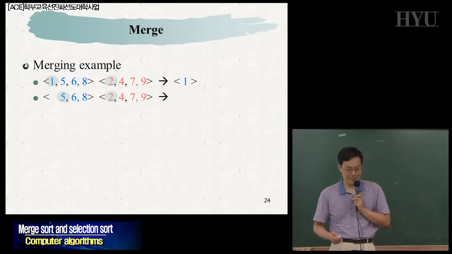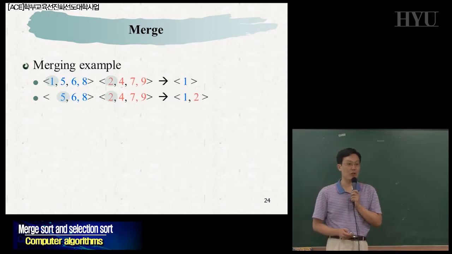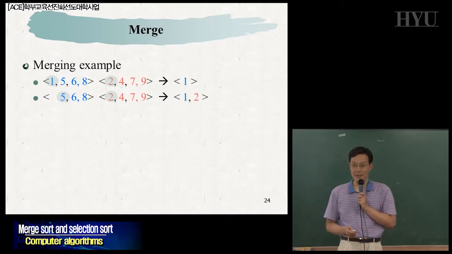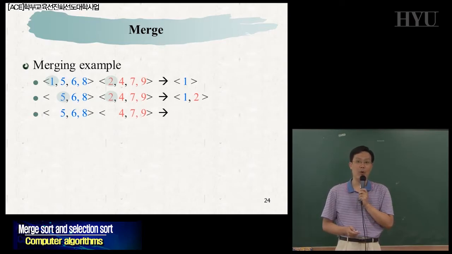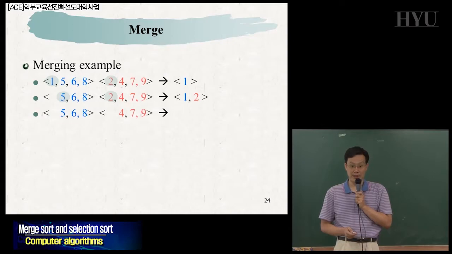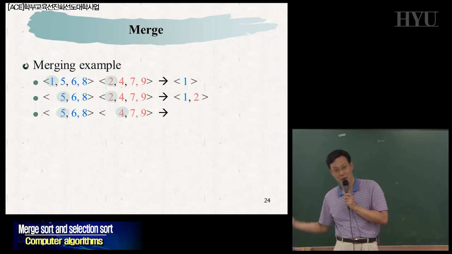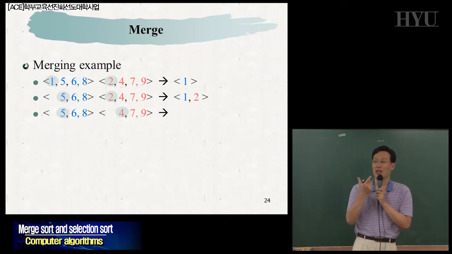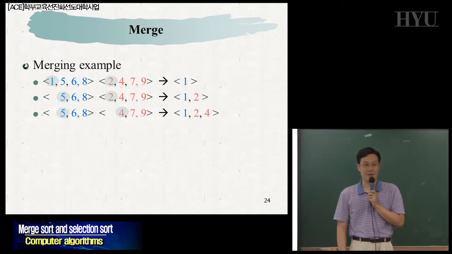And 2 is removed. Next, we compare 4 and 5. 4 is smaller, and it is moved. In this way, we can merge two sorted lists.